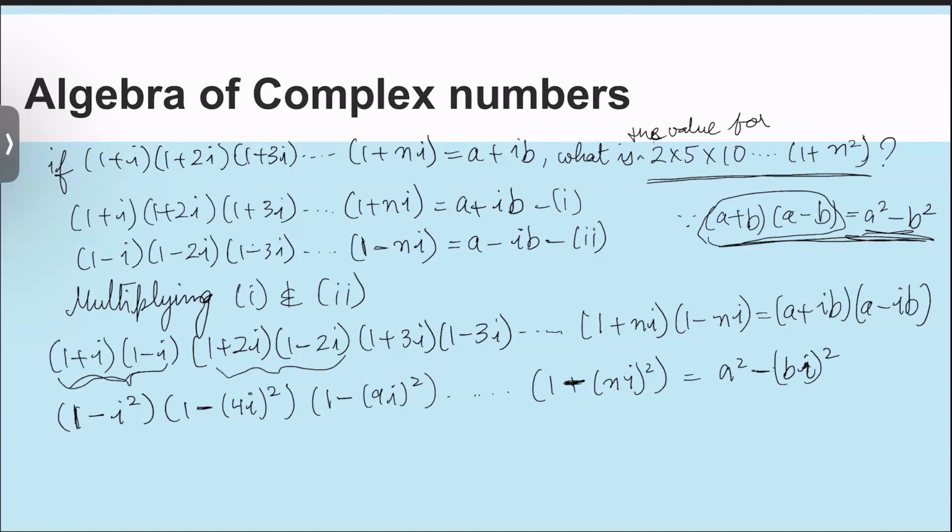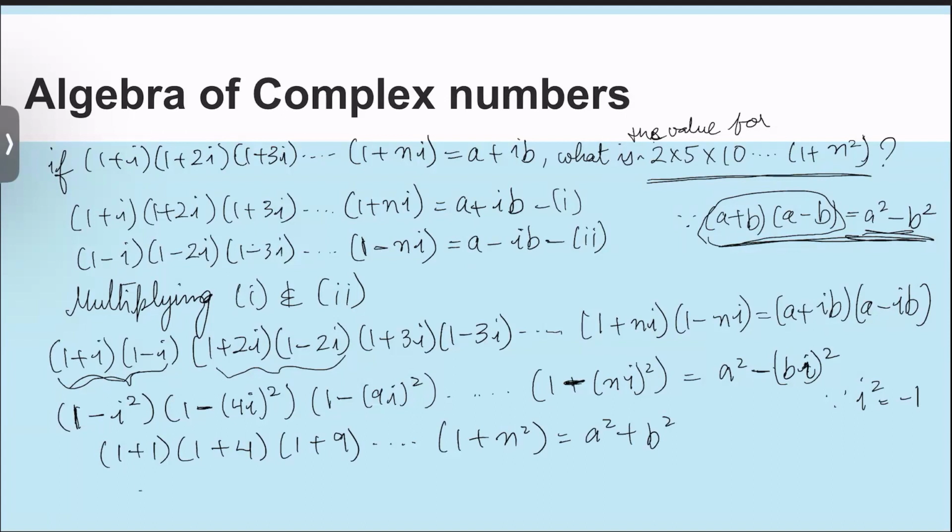Now we substitute, since i square is equal to minus 1. That means all the signs are going to change for the numbers that are there. So this becomes 1 plus 1, 1 plus 4, 1 plus 9, and up to 1 plus n square, equal to A square plus B square.